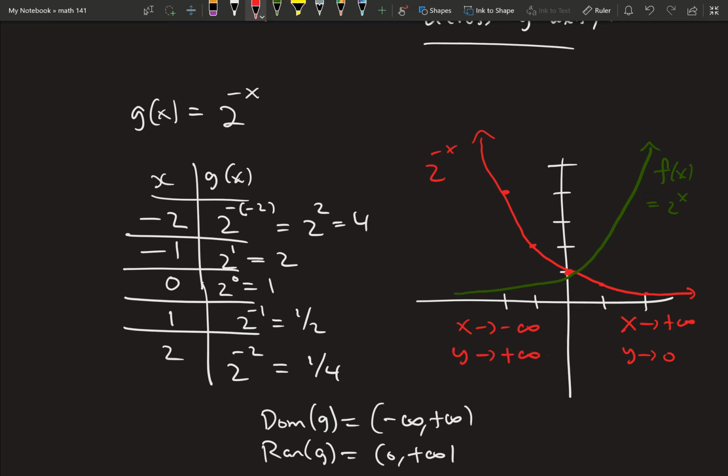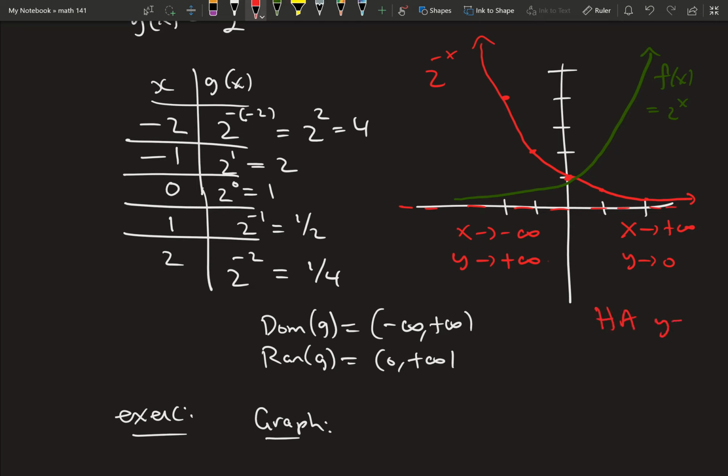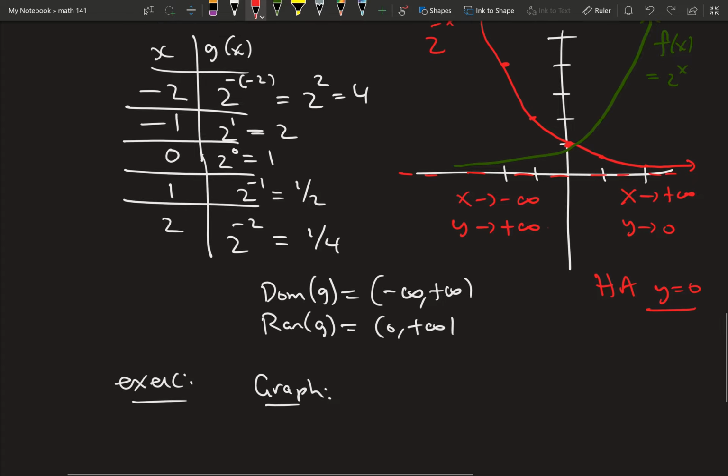So the long-term behavior just flips. Of course, still y equals 0 is a horizontal asymptote. So we have a horizontal asymptote at y equals 0.